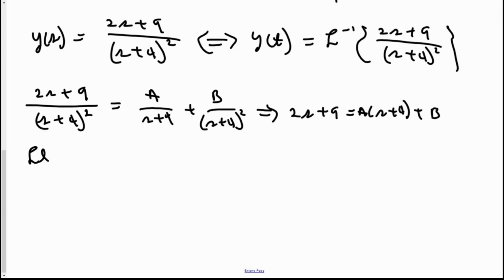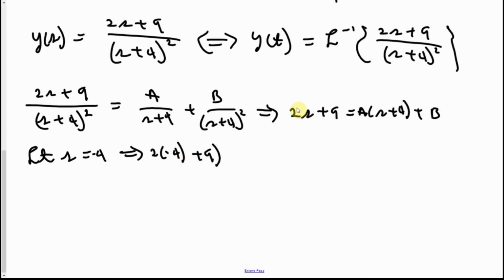So let's let s equal negative 4. That'll get rid of the A. So this implies that we have 2 times negative 4 plus 9.